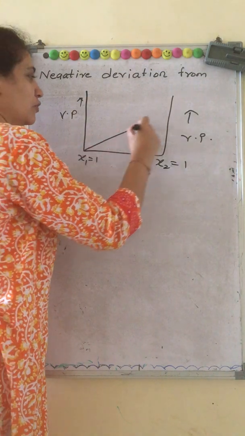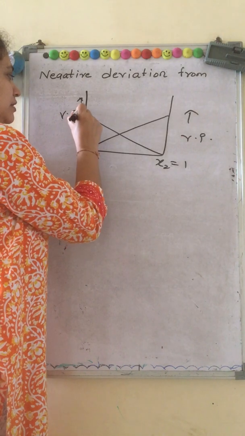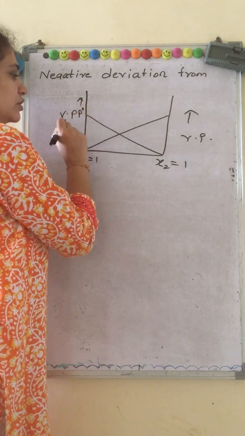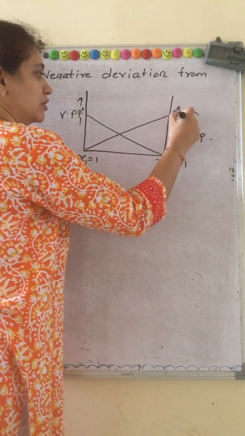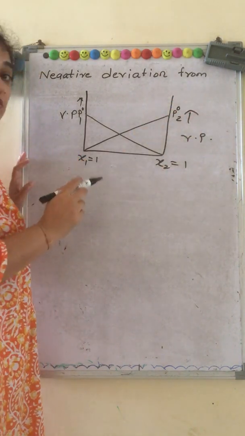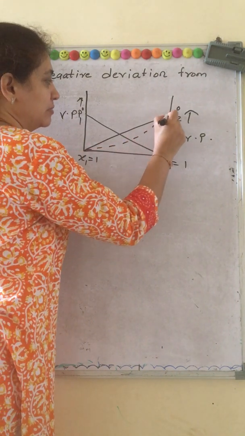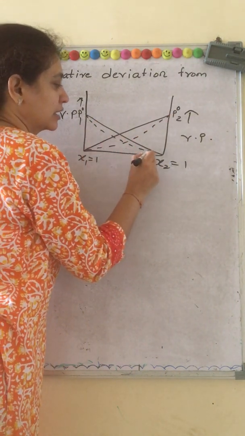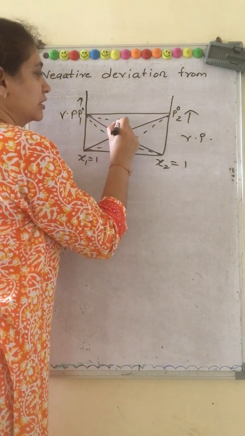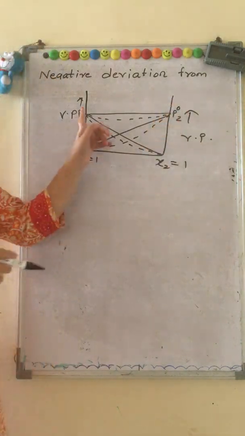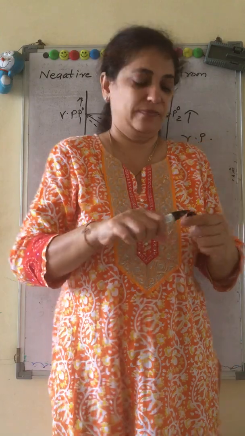So if this is the original chi 1 and chi 2, this is P naught 1 and this is P naught 2. Then if the solution is showing negative deviation, all the time the vapor pressure will be lower. Thus, for the solution, negative deviation will be indicated like this: the lower value of vapor pressure than expected.